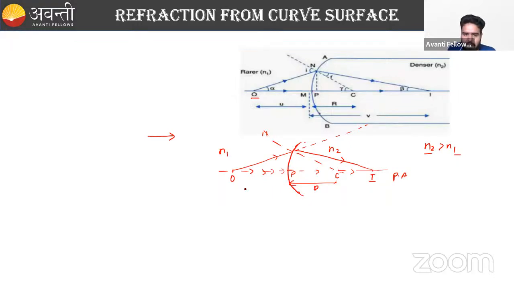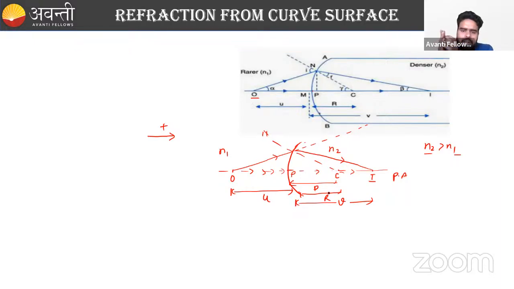We can say that this distance of the object from the pole is measured opposite to the direction of the incident ray, so we have to take this distance as negative here, and this is the distance of the image from the pole. We can say this distance is V. The distance between the center and the pole, we can say this distance is R. Right.